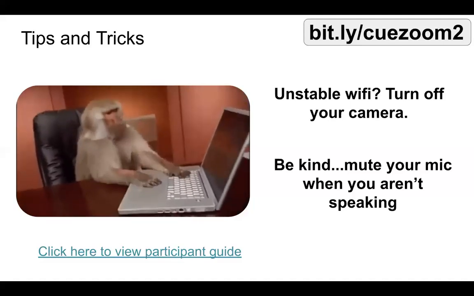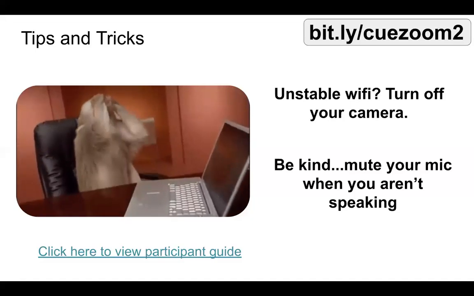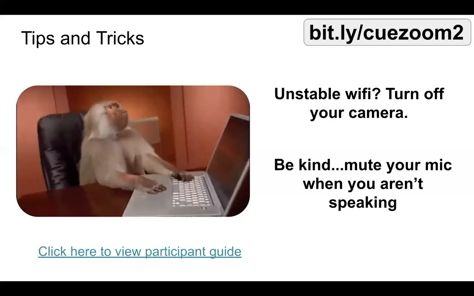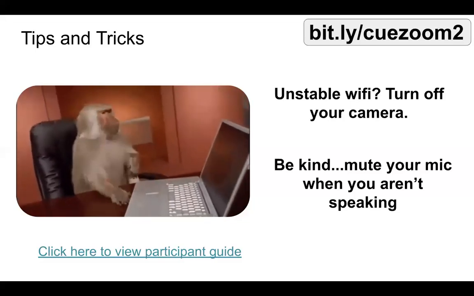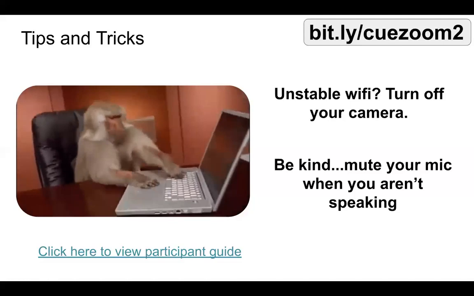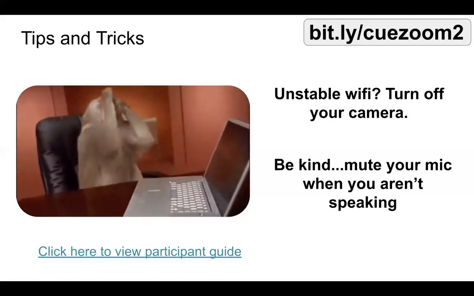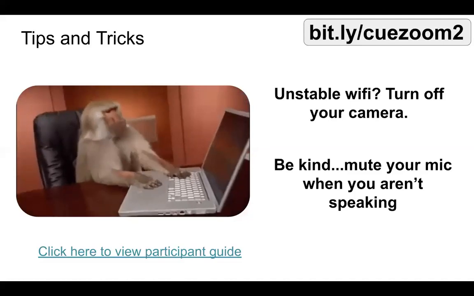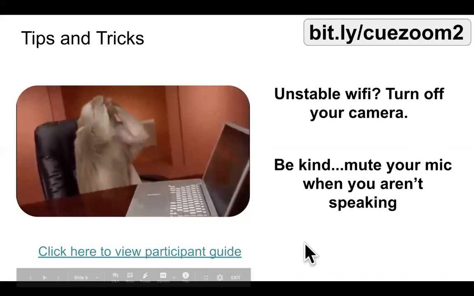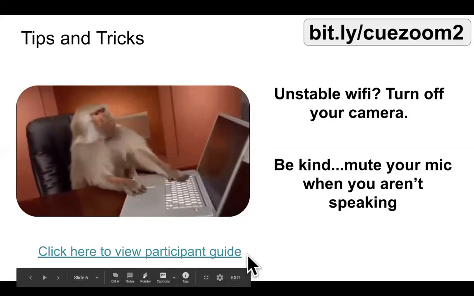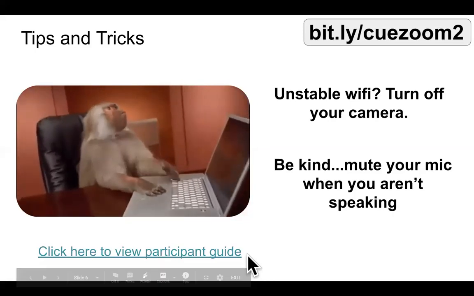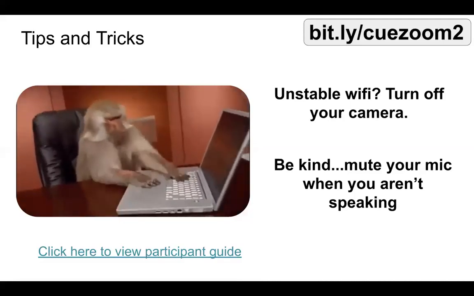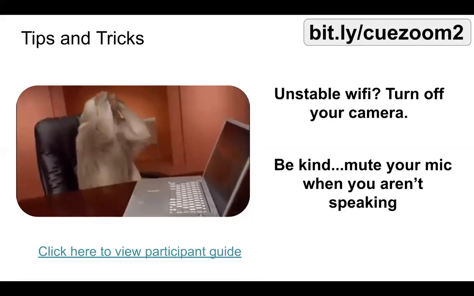You guys are all pros at that, but not everybody who participates in a Zoom remembers to do it. You can set up and schedule your Zoom so that they're muted automatically, so you can either remind them or do it for them, which is a recommendation we will definitely be giving you. Down here we have a link to a useful participant guide.